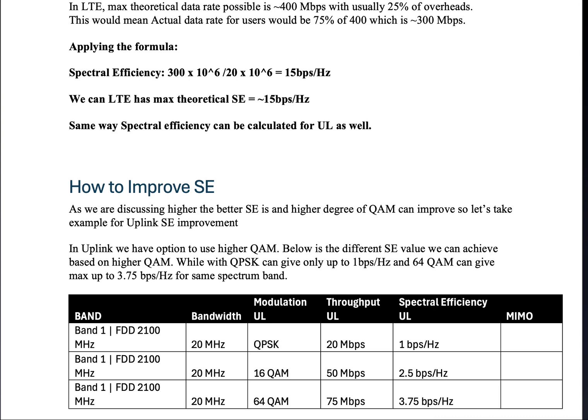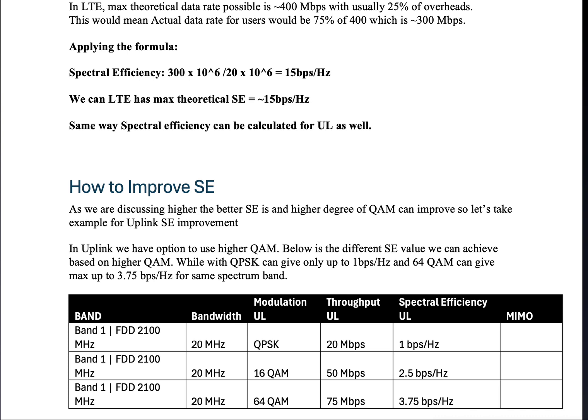So you see, we have selected a band, which is band 1 of 2100 FDD. Maybe we can have another video where we explain the bands, LTE bands, 5G bands. Write to me in the comments if you want that video.